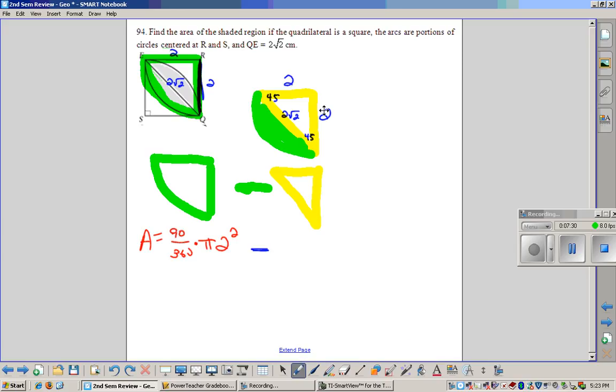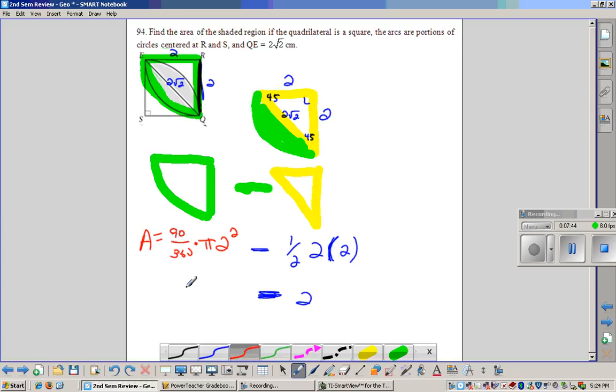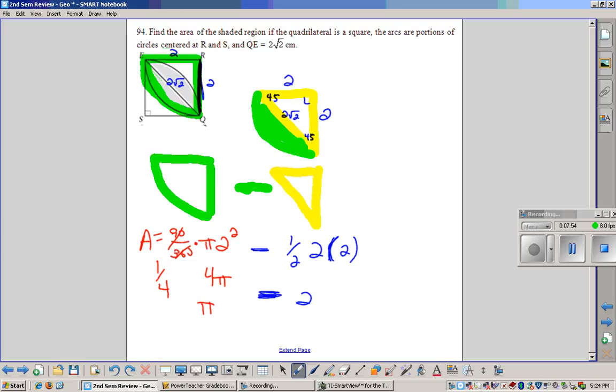And then the area of the triangle will be base times height, 2 times 2 times height. This is 2. The area of the triangle. And the area of the sector will be, let's see, that's a fourth. 1/4 of 4 pi is just pi. So we have pi minus 2. Pi minus 2 is the area of this green segment.